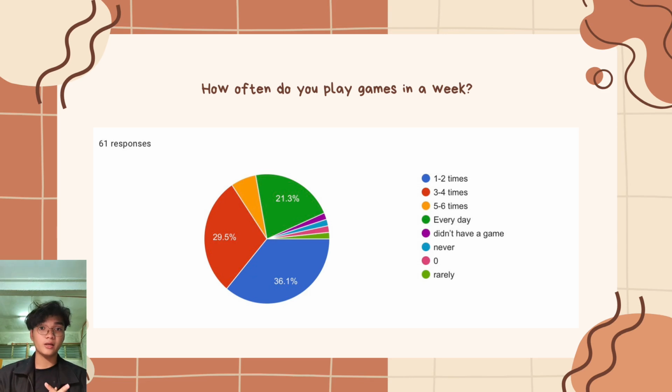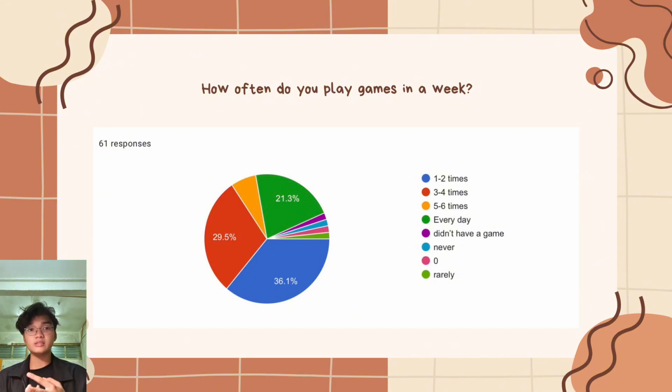Alright, so for the next part, we will be showing the data of our case study, that is the frequency of students playing games. This pie chart shows how often students play games in a week based on the 61 responses that we collected. Based on the pie chart, we can see that the highest percentage is 36.1%, which shows students play games 1 to 2 times per week.